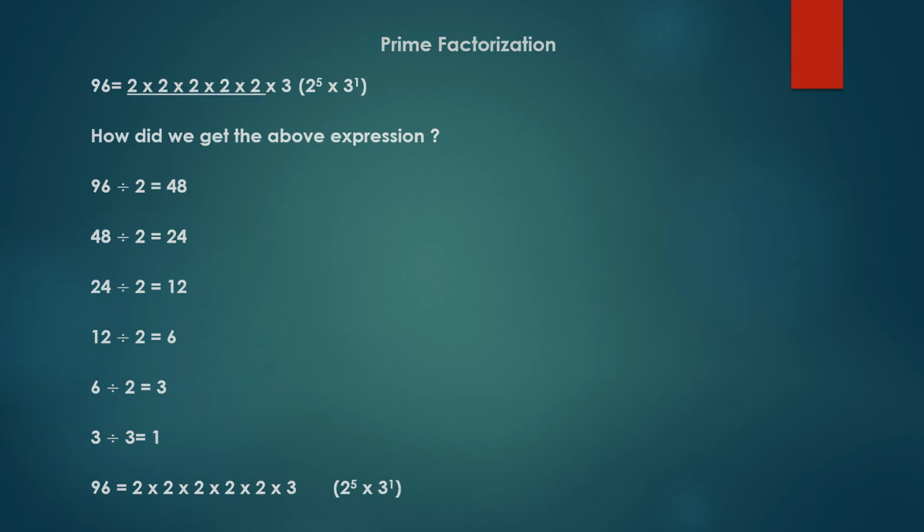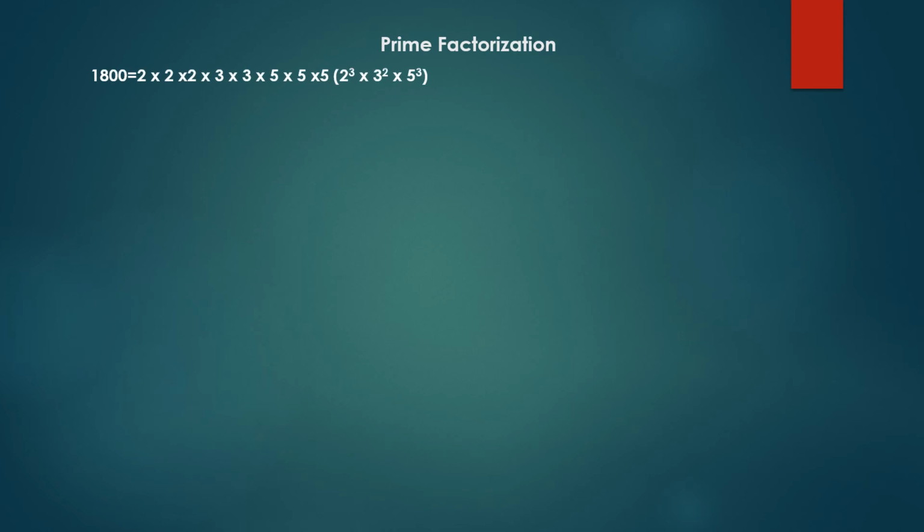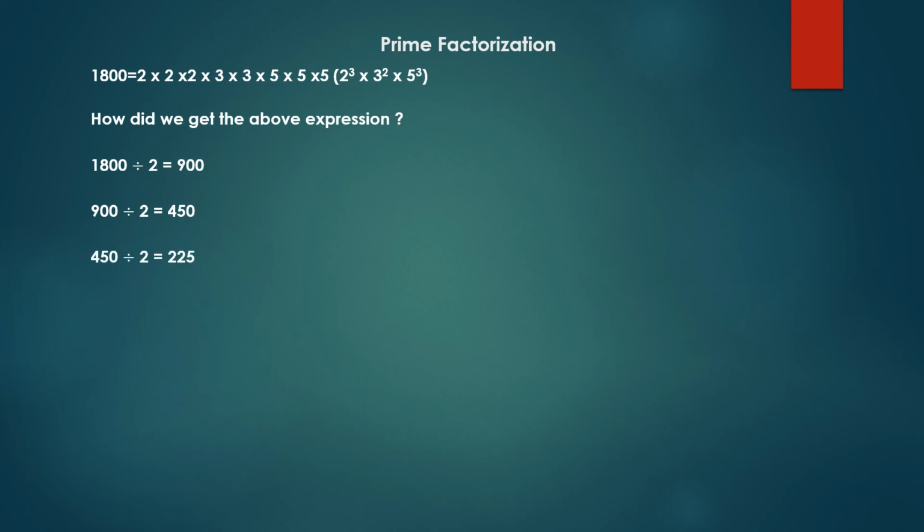Now let us do the same process with 1800. I divide 1800 by the prime number 2, I get 900. Further, I divide 900 by 2, I get 450. I divide 450 by 2 and I get 225. Now I divide 225 by the prime number 3 and I get 75. I divide 75 by 3 and get 25. I divide 25 by the prime number 5 and get 5.